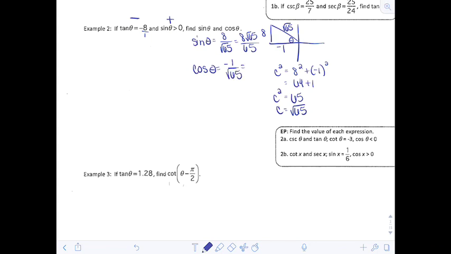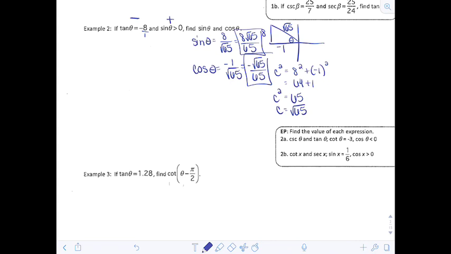And we would rationalize that, and that would be negative square root of 65 over 65. So nothing really new needed there, but what I want to do is take a look at how I could use some trig identities and show you some of the ways that we need to start thinking that are a little outside of the box.